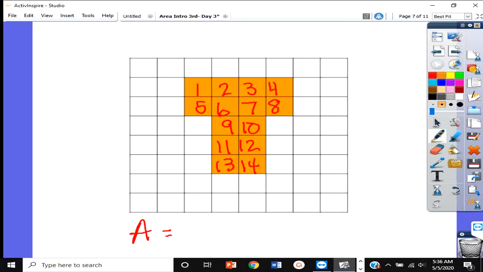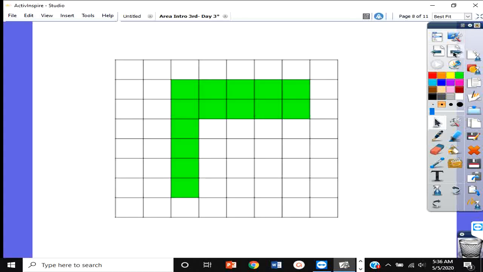So the area of that shape is 14 square units. Are you ready for another one? All right. I want you to see if you can figure out how many squares it takes to fill the inside of that green polygon.